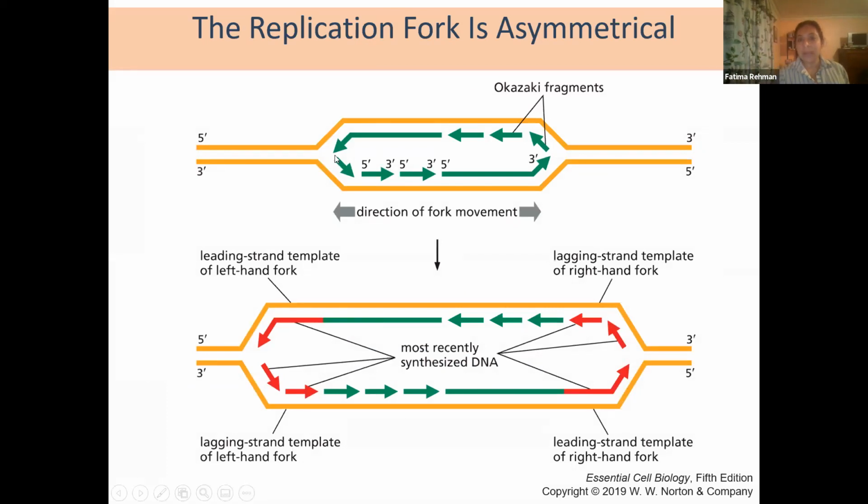So before, we just saw one side of the replication fork. Here is an actual origin of replication, the way it would normally look. Again, both sides of the strand. If you think about this as your origin of replication, this would have been where it started to open up.